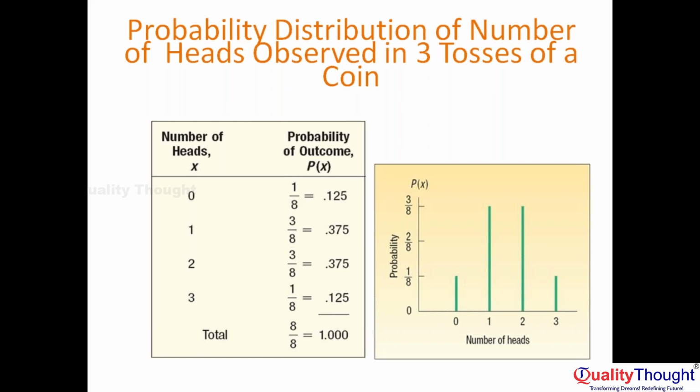If you calculate the probabilities, you will get 0.125, 0.375, 0.375, 0.125. And distributing these points on a scale, you will get the probability distribution of the number of heads observed in three different tosses of a coin.